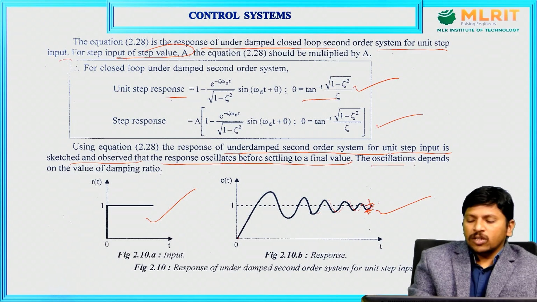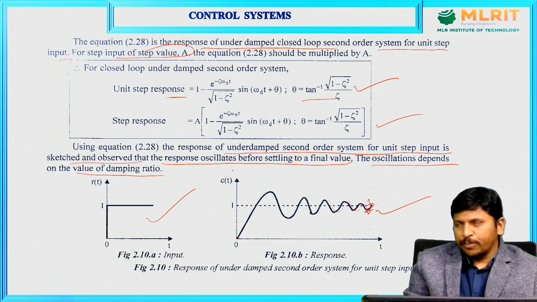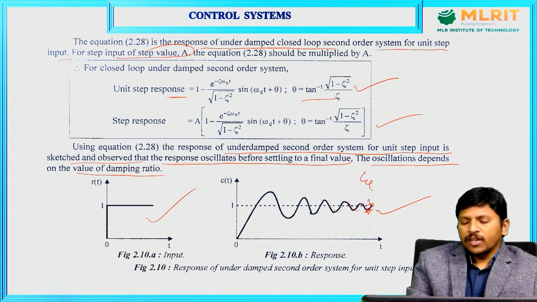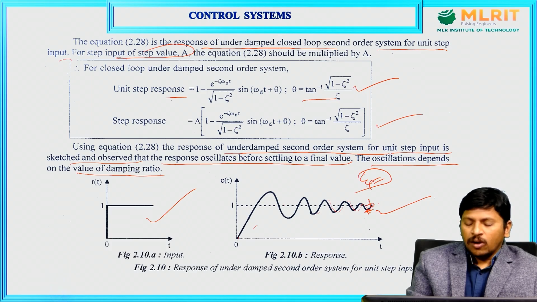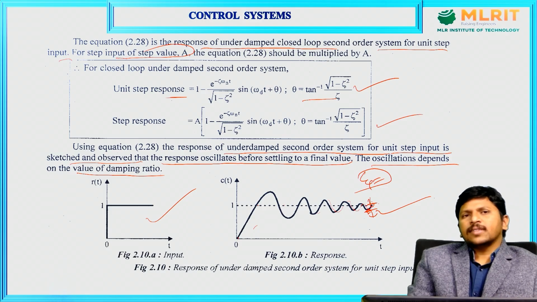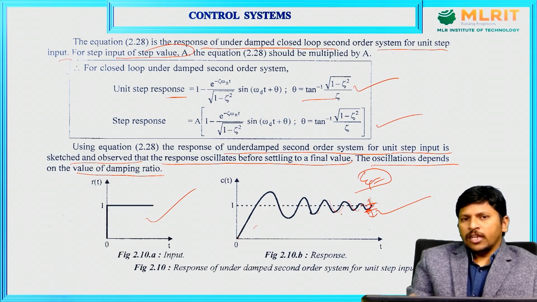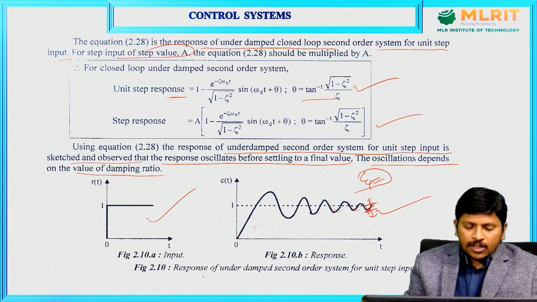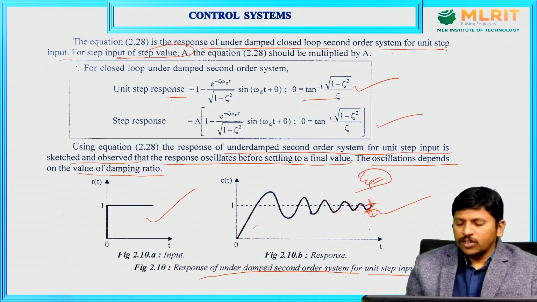The oscillations depend on the value of the damping ratio. Based on the damping ratio only, the response of the underdamped second order system oscillates before settling to the final value, right? Observe the response of the underdamped second order system for unit step input.